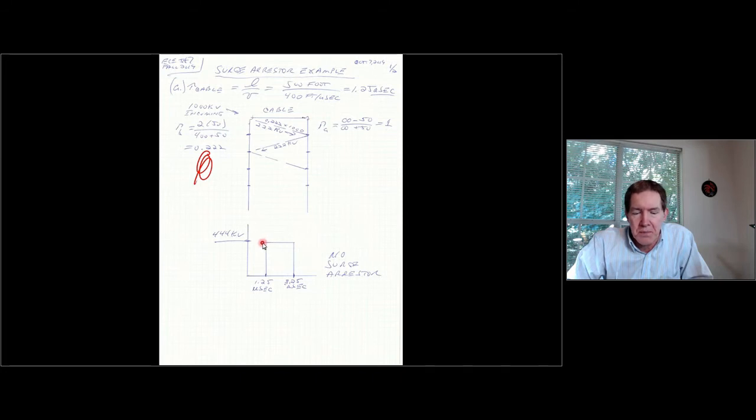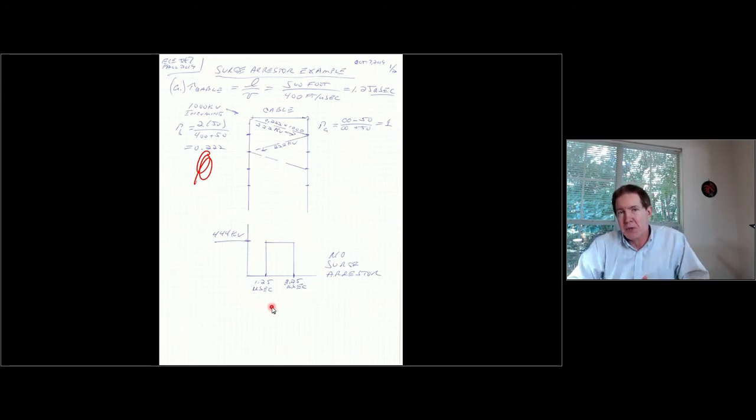Given that I'm going to have just a 2 microsecond waveform, it's going to look like a square pulse, which drops down at 3.25. After I get the reflection back from the far end of the cable, from the left side of the cable, I'm going to see another square pulse to the right, but I'm not showing that. I'm only going to plot this out to what happens in the first 3.5 microseconds. So this is what we get when we have no surge arrestor.